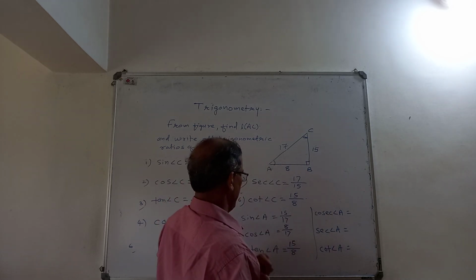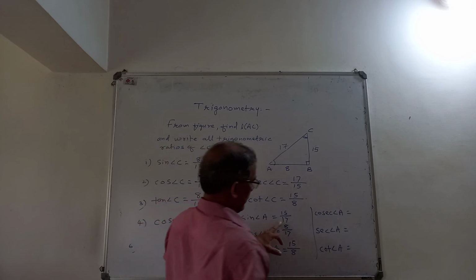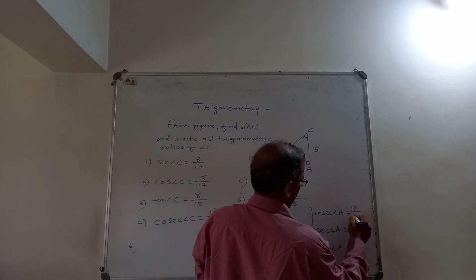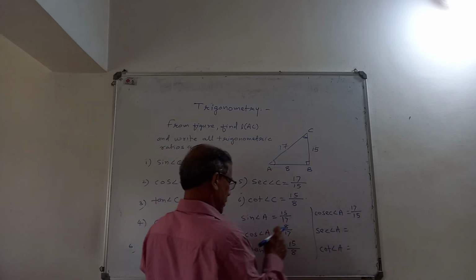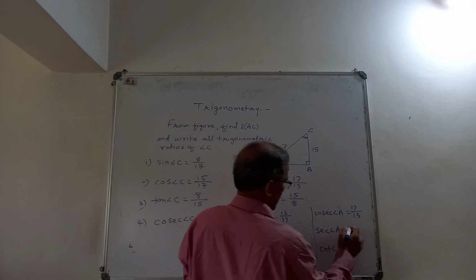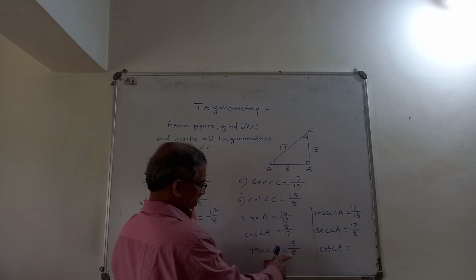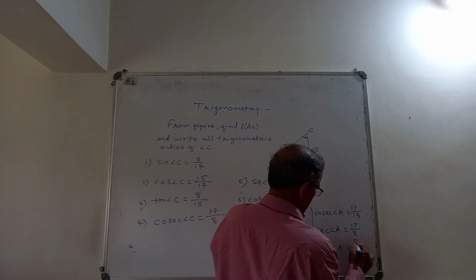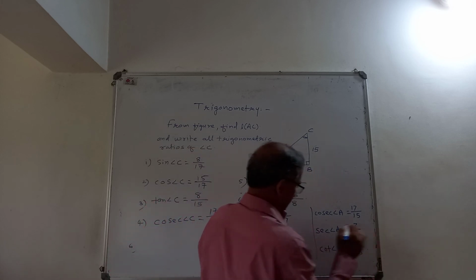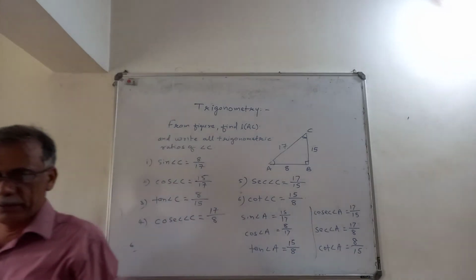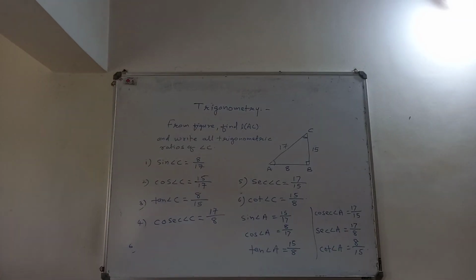Now cosec A is the inverse of sin. Look here and write, it is 17 upon 15. Sec, inverse of cos, that is 17 upon 8. And cot, inverse of tan, means it is 8 upon 15. Like this, you should know how to write all the trigonometric ratios of the given angle.